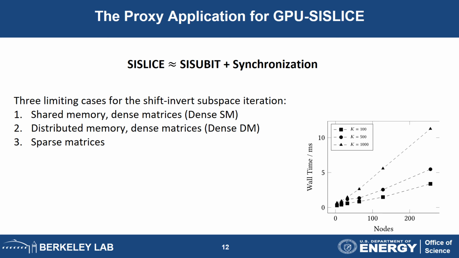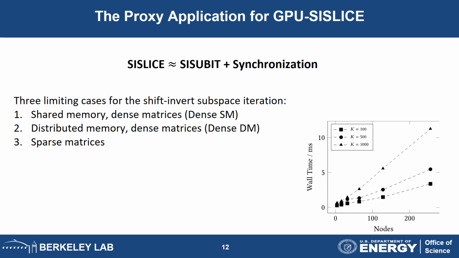As the strong scaling limit of SI-slice is achieved when each spectral slice may be treated independently on some process grid, the performance of SI-slice may be reasonably characterized by measuring the time it takes to perform a single set of Shift-Invert subspace iteration, followed by some estimate of the time it takes to perform the synchronization between independent spectral slices.